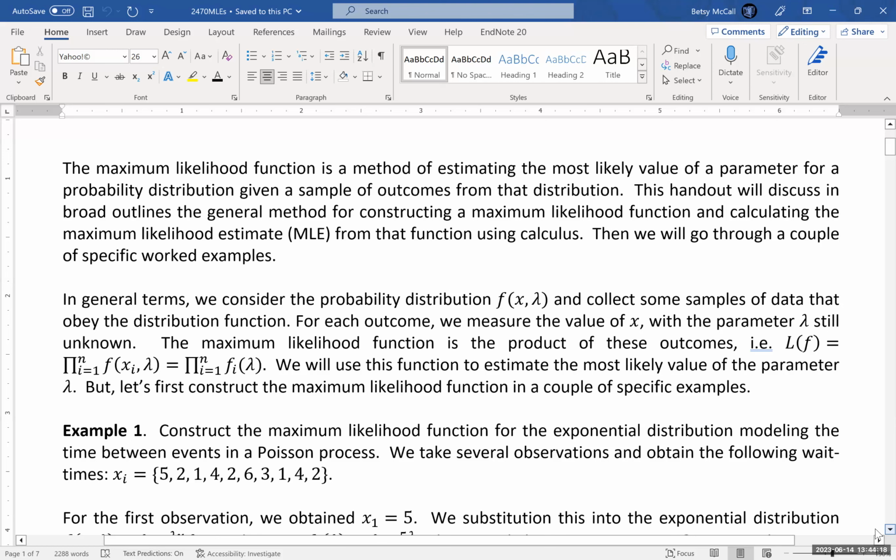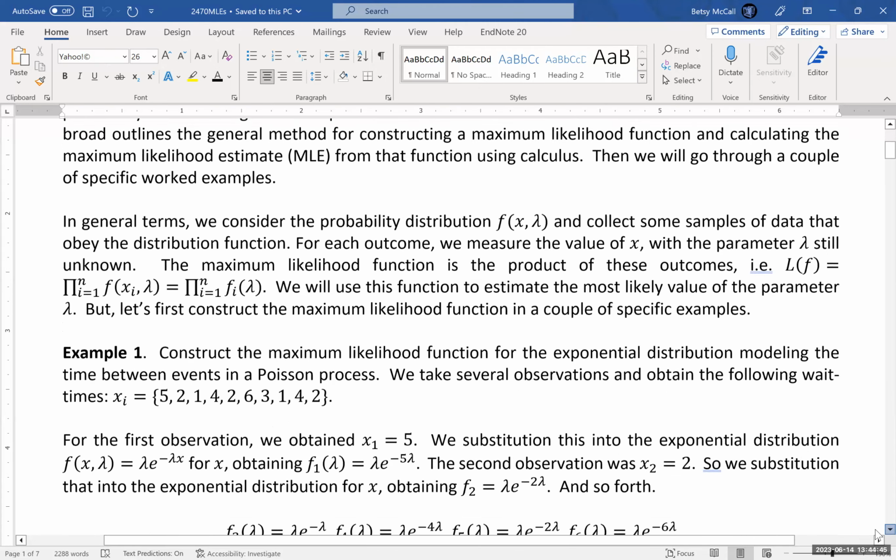And in another video, we'll look at one where we have to use multivariable calculus in order to find them. But in this video, we're just going to look at examples where we have one parameter to solve for, and so we can just use single-variable calculus to do the calculations.